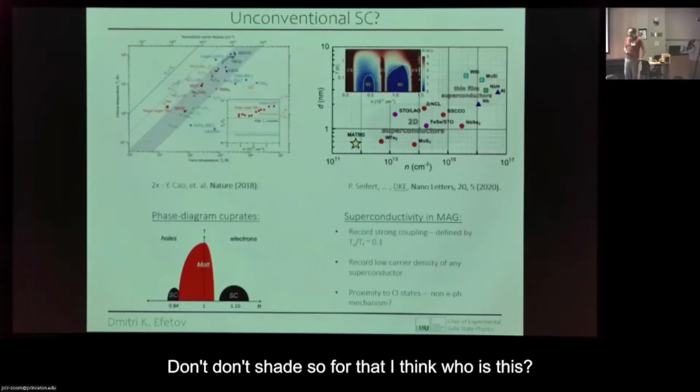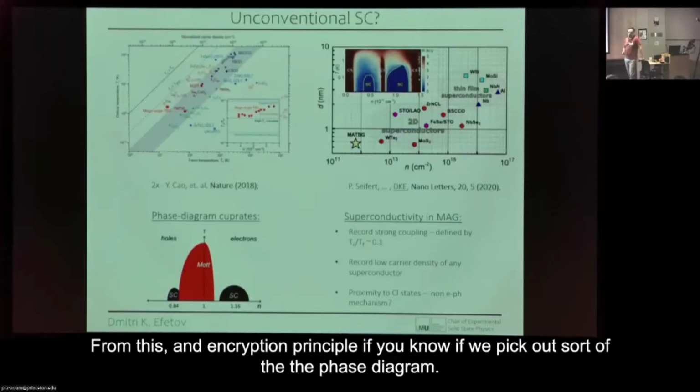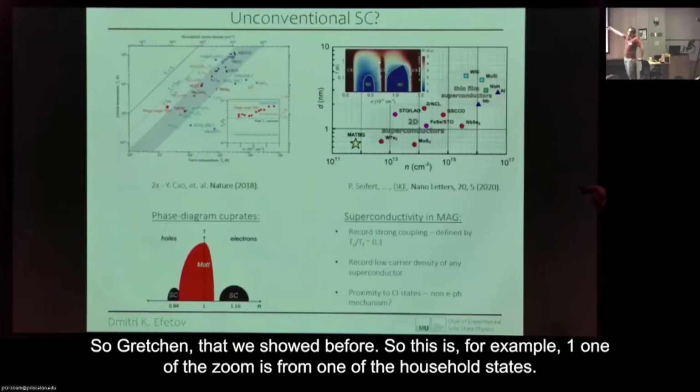In principle, if we pick out the phase diagram of graphene that we showed before, this is, for example, one of the zoom-ins on one of the half-doped states. Very often we get a very similar picture.